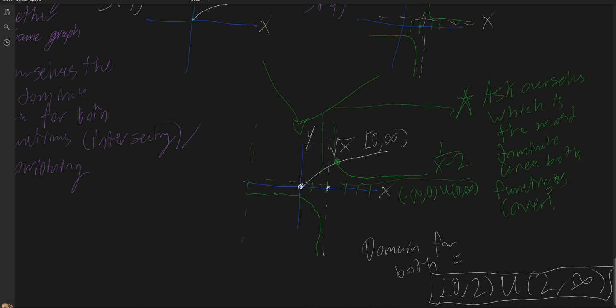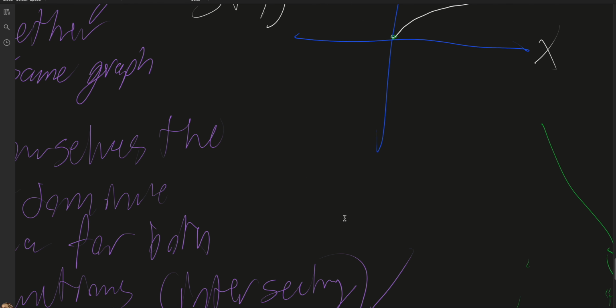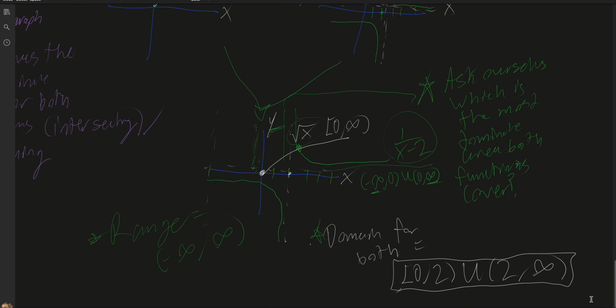So the range for both of them is going to be negative infinity to positive infinity, because we're including 0 in this function, despite skipping 0 for the reciprocal function. We're including the range for our square root, and also the range for our reciprocal function as well. So this would be our range, and this will be our domain. So let me just move out to help further solidify and clean this up.